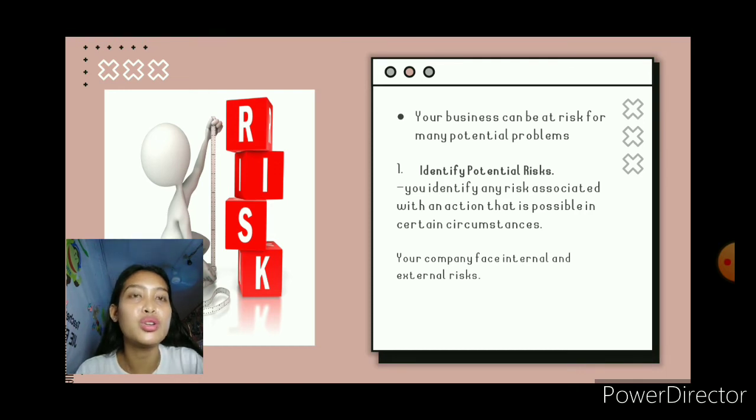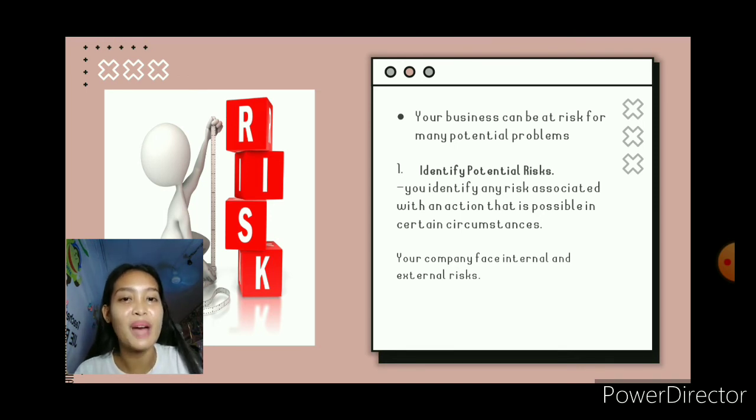If you know all of these risks and you identify all of them, then you have actions to put in place so that you can reduce the possible risk.